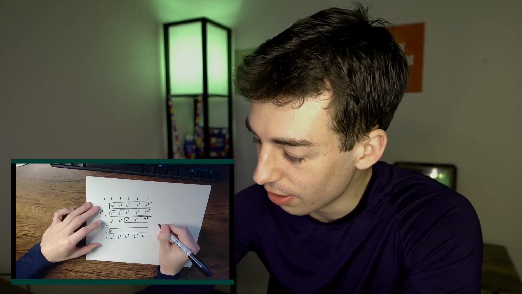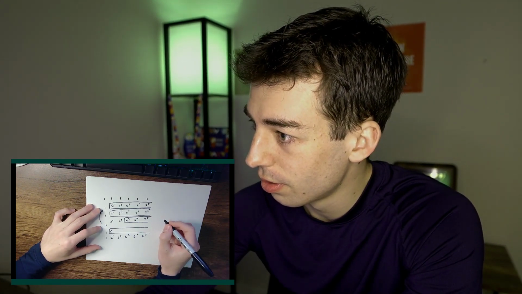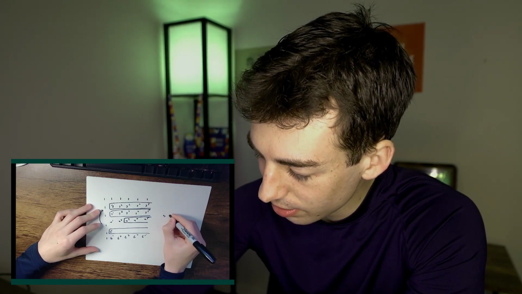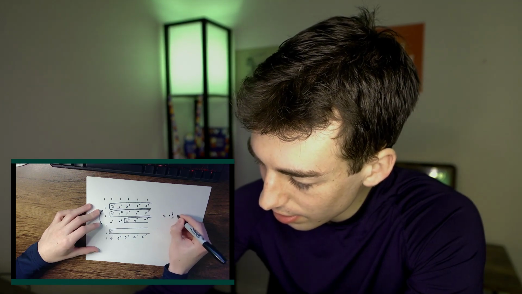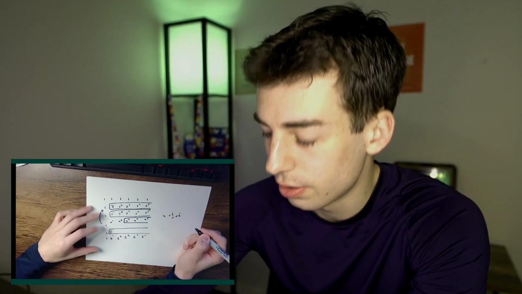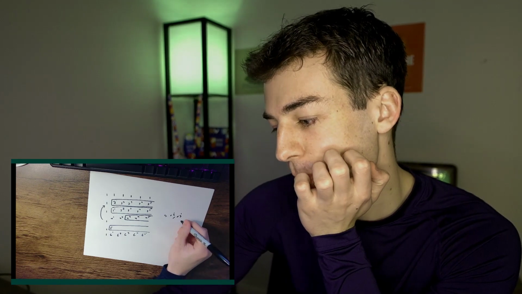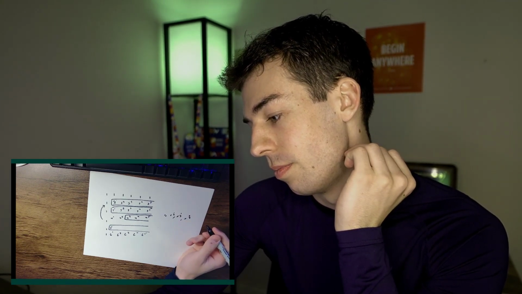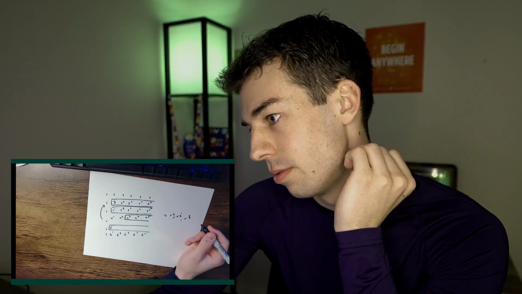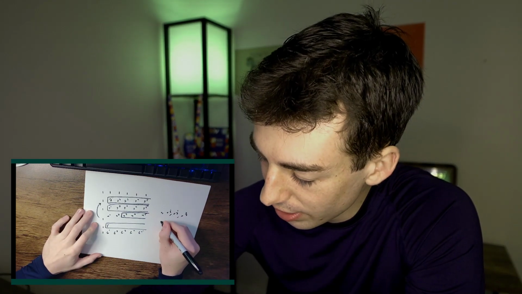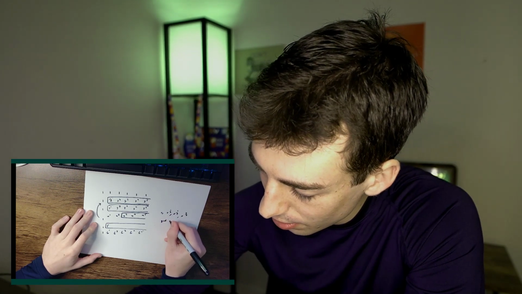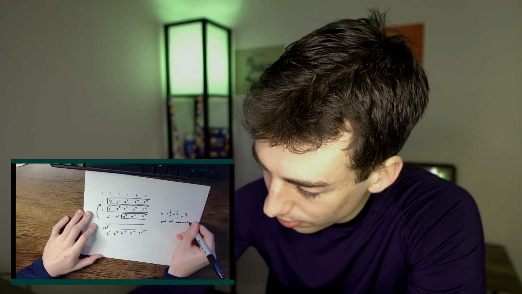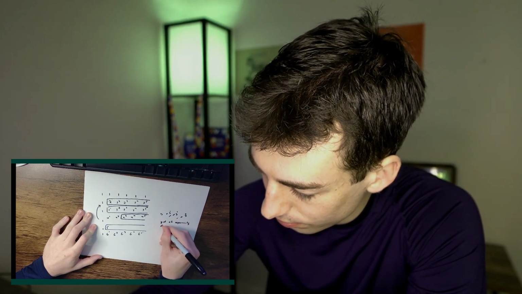Like you take the, oh wait, what is it? So it's like x to the 1/2, x to the 1/3. Could be x to the 2/3. Yeah, so I guess you take the GCD of exponents and then divide that out.